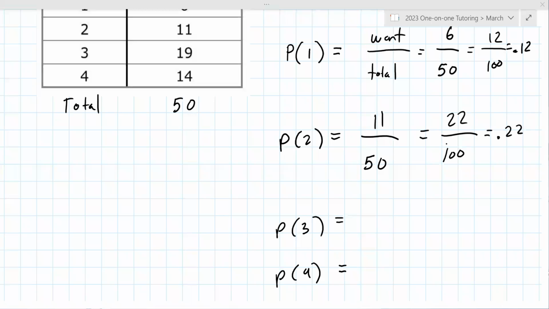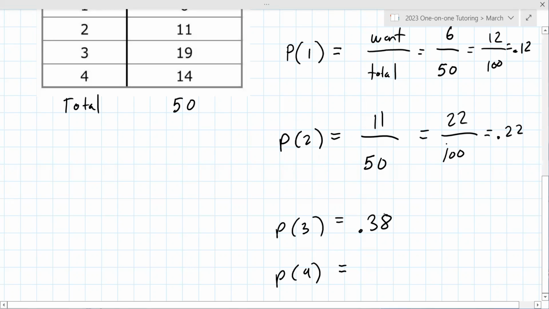So 0.38, good. And then you've got 14 over 50, okay, 28 over 100. So 0.28, very good.